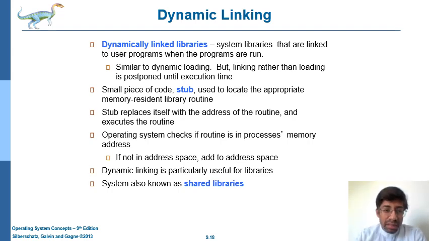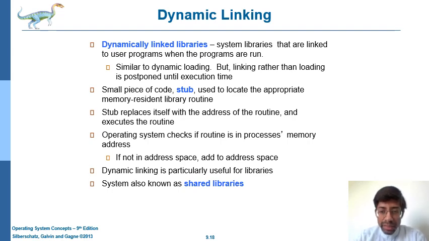Rather than multiplying it three times, the system can load one copy of the spell checker somewhere into the memory, and this single copy can be dynamically linked with each of the three application spaces. That means Microsoft Word would be dynamically bound to the memory space allocated to the spell checker.